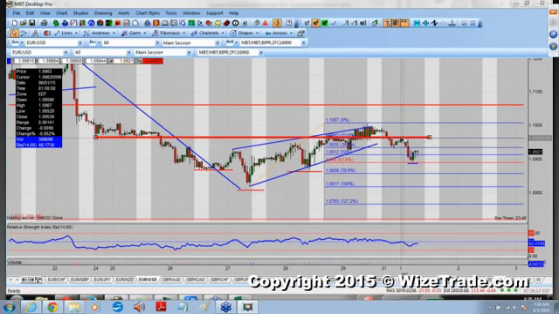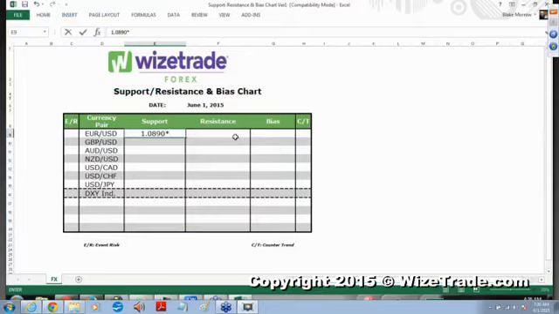So that's going to be 109.65 basically. To take this downside pressure off the euro, we have to get back above 109.65.